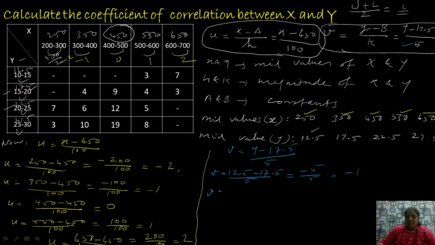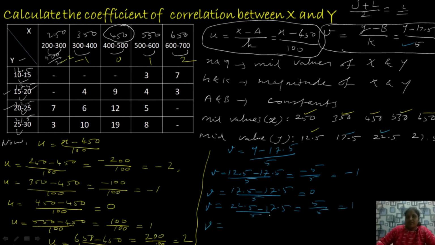And next we take 17.5 minus 17.5, you get 0. Next value we take y as 22.5. 22.5 minus 17.5 over 5. So you get the value here as 5 by 5, so plus 1.